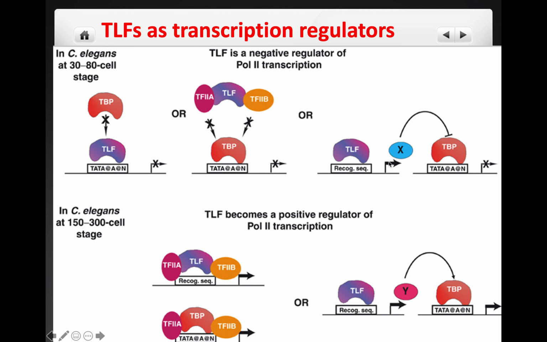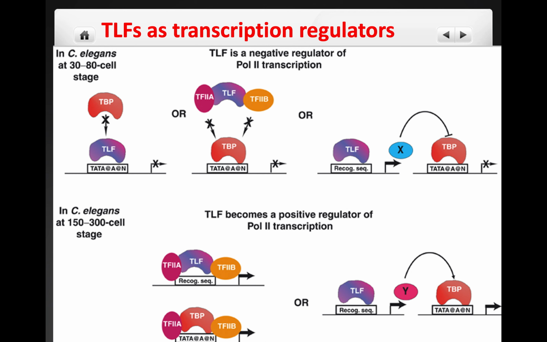So this would hinder other transcription factors from binding, and hence you still get no transcription initiation. So this is how TLF sometimes could play havoc, but sometimes it could also enhance or regulate the initiation.